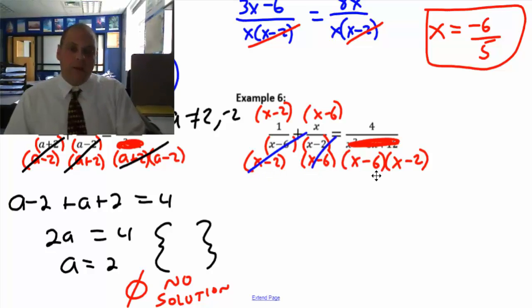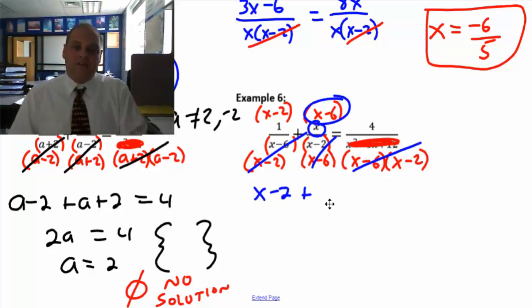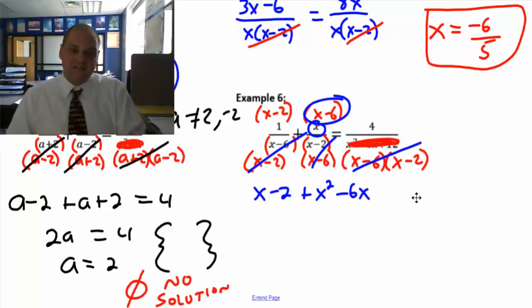Boom, boom, boom. Gone. Here I have x minus 2 plus, now this x has to get multiplied by the x minus 6. That's x squared minus 6x, and that equals 4. Now look what I have. I have x squared. I have x minus 6x, which is negative 5x, minus 2 equals 4.